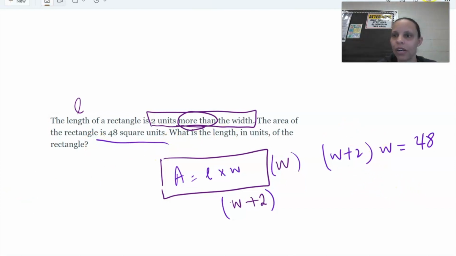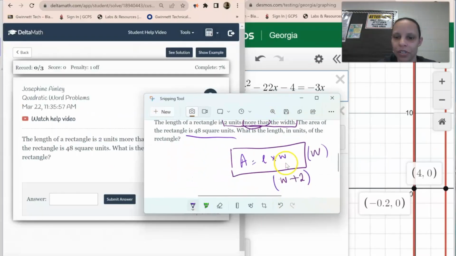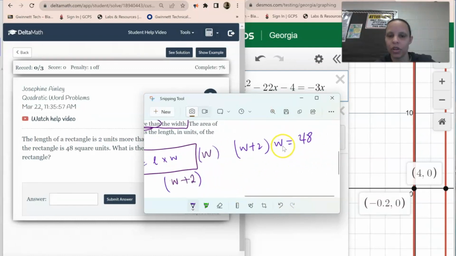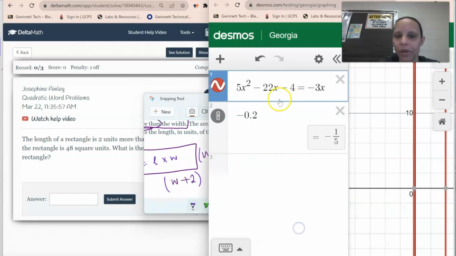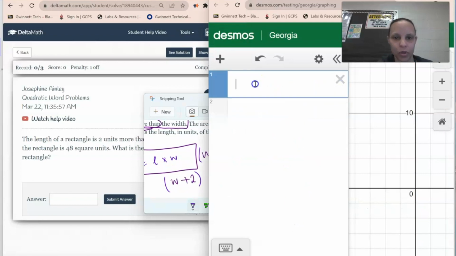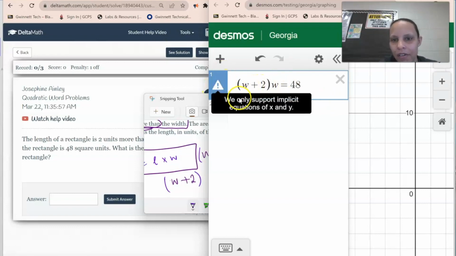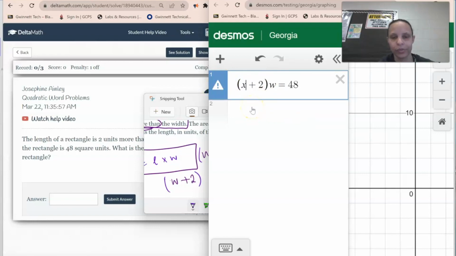So I can put in W plus 2 times W equals 48, but of course, it's not going to do anything if you put in W. You can see nothing happens, right? Because there's an error. We only support implicit equations of x and y. What they're saying is don't put W, put x instead.